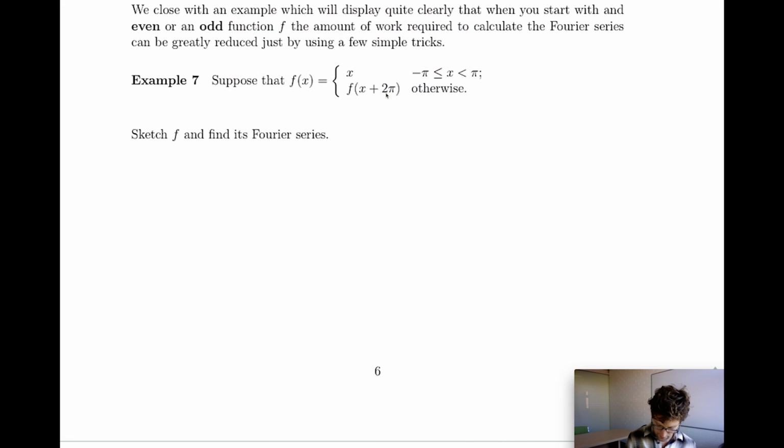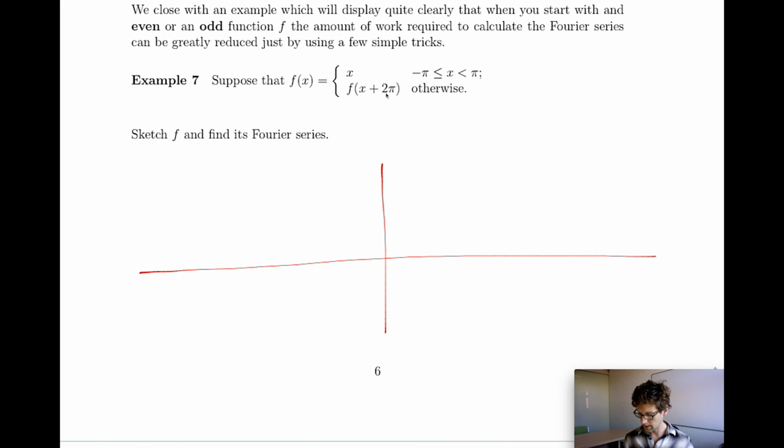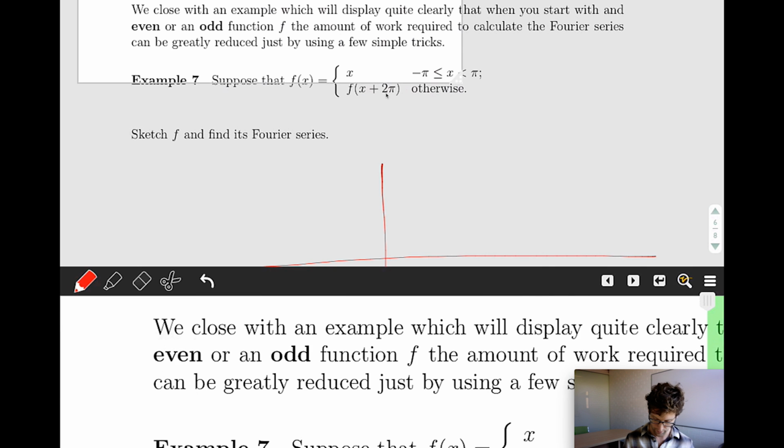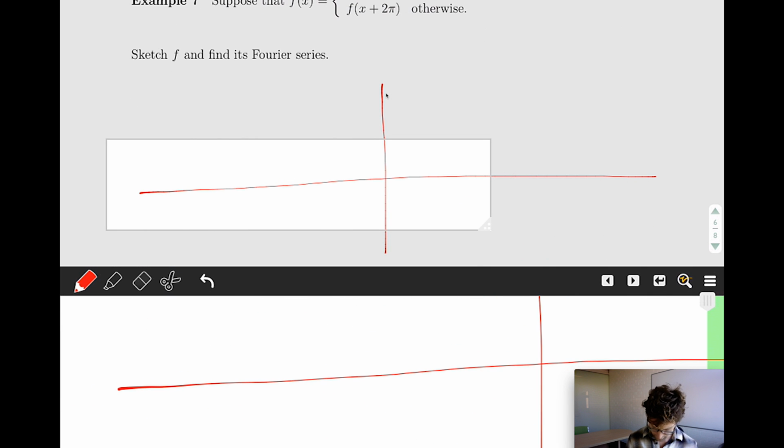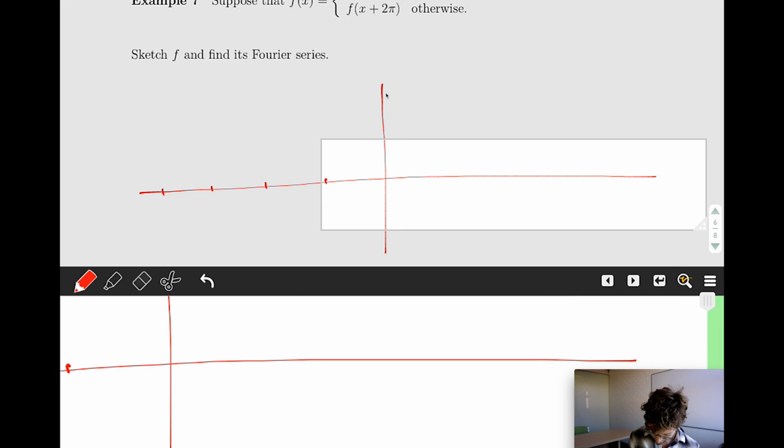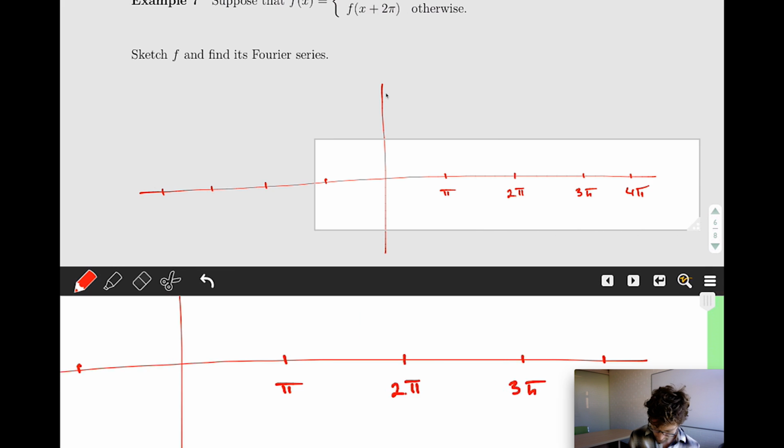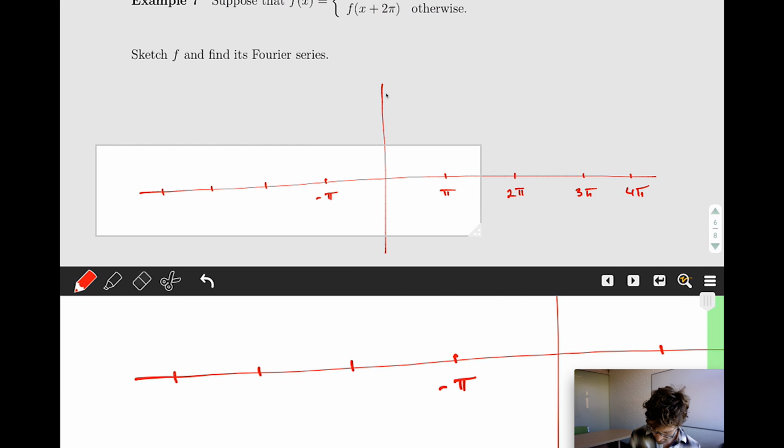Let's start off with a sketch of this thing, between, let's say, minus 4 pi and 4 pi. So pi, 2 pi, 3 pi, 4 pi, minus pi, minus 2 pi, minus 3 pi, minus 4 pi.